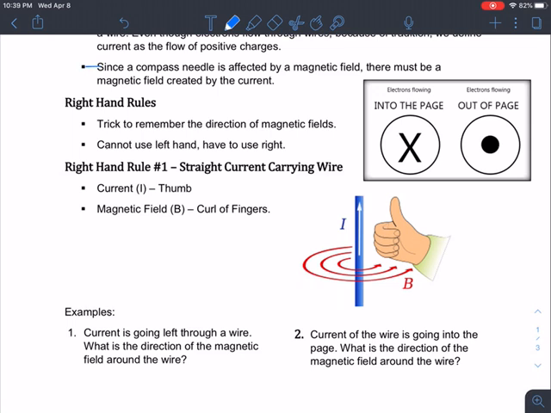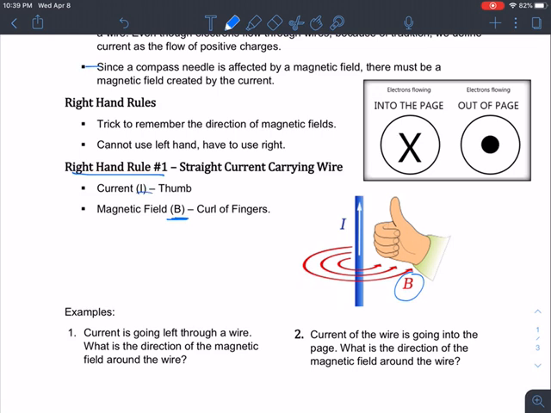He found rule number 1. This is the first situation he had, this straight wire, and he found out that if the current was moving up, like we see here, then B, what is B? Magnetic field. Why? Because. That's how it is.